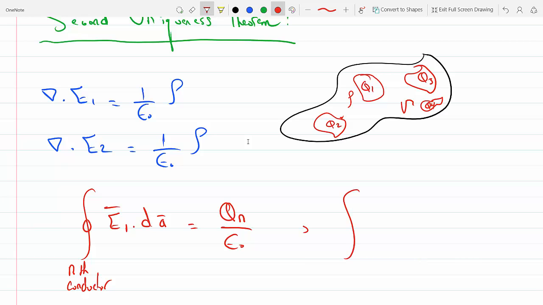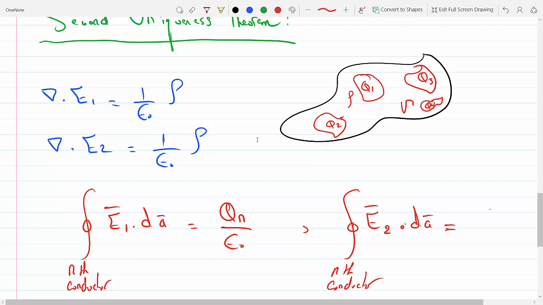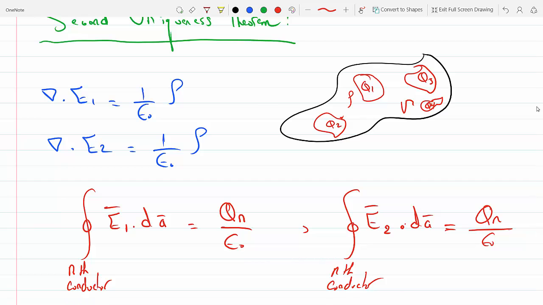And also, the integral of E2 dot dA on that same surface on the nth conductor has to equal Q enclosed, the charge that conductor encloses, over epsilon.